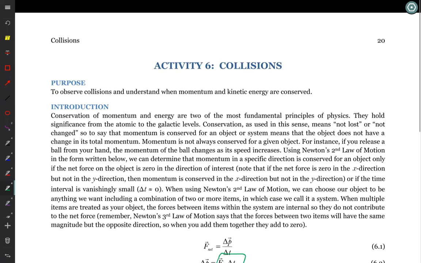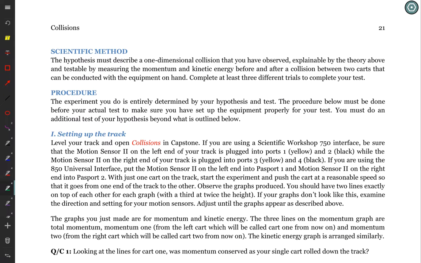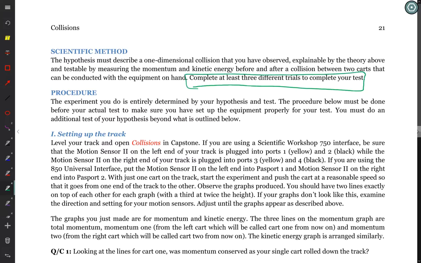So let's go straight to what you're doing in the experiment. First, your scientific method. Now, this here is different than what you see in a few ways. I re-edited the lab in preparation, and there are some things I'm holding you to and some I'm not. One thing I'm holding you to is I want you to have at least 3 trials in your testing of your hypothesis.